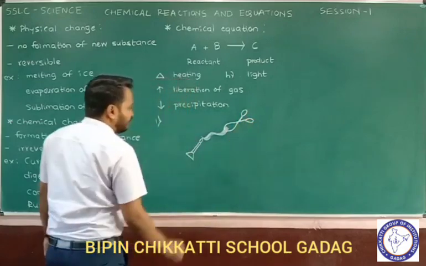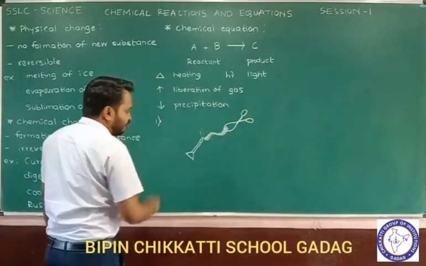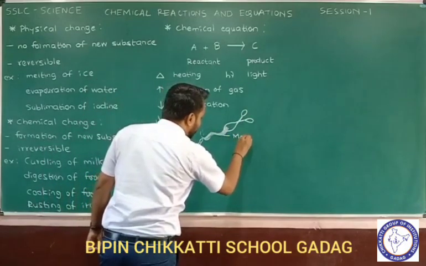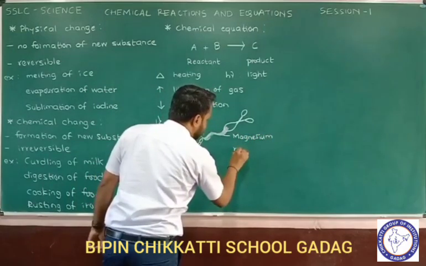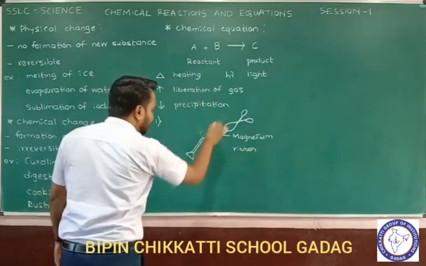Of course we are going to see a kind of flame. This I call magnesium ribbon, and this is a Bunsen burner and a pair of tongs.